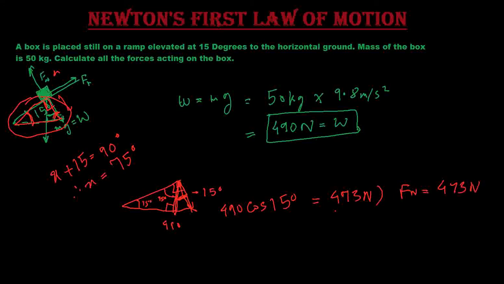Now we're going to calculate the forces acting along the ramp. The friction force Fr is balanced by the component of the weight acting down the slope. This force down the slope is equal to the friction force, since the body is in equilibrium.